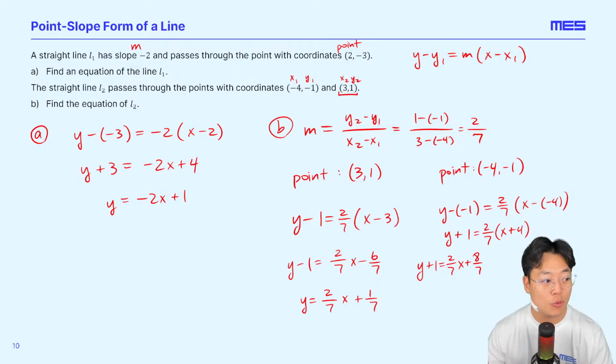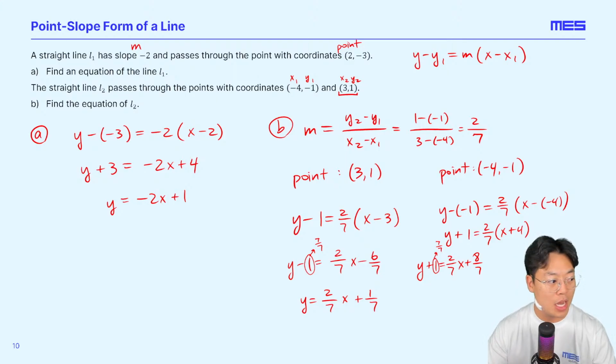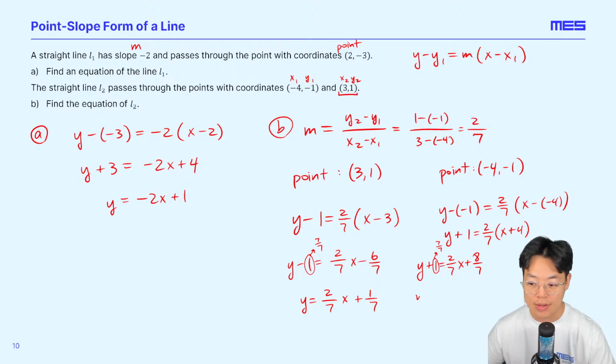Now I'm going to subtract 1 from both sides. But 1, like I did here, is the same as 7/7. For those of you that may not understand why we have this 7/7, it's so that we have common denominators, so that we can operate with the other fractions over 7 on the other side of the equality. So when we subtract 7/7 from both sides, we get y equals 2/7 x plus 1/7.